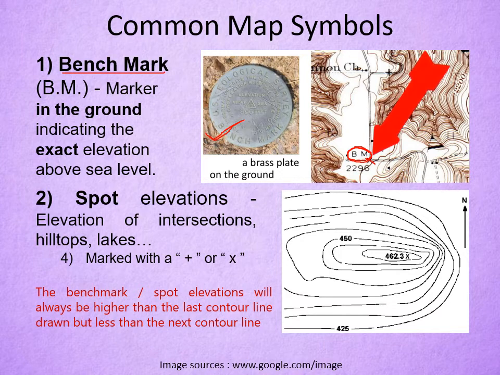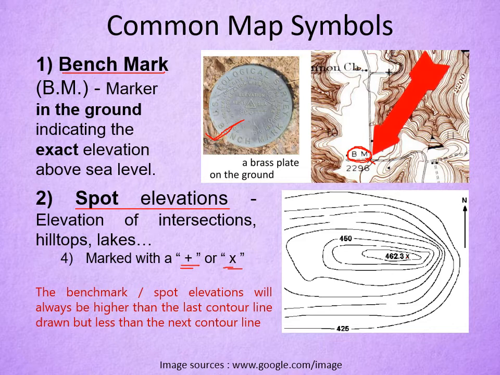At the same time, there are some points which are indicated by a plus sign or an X sign in the contour map. That indicates the spot elevations. That means these are elevation points which are not lying over the contour lines. So you can see this X point is not lying on these contour lines, but we have to know the value of that point.